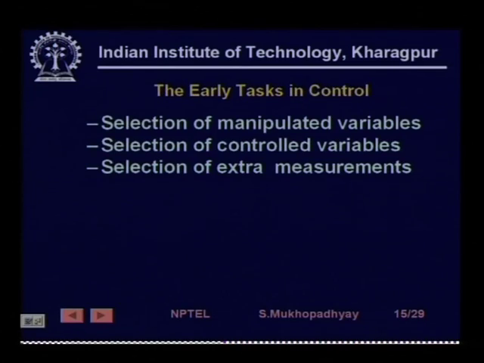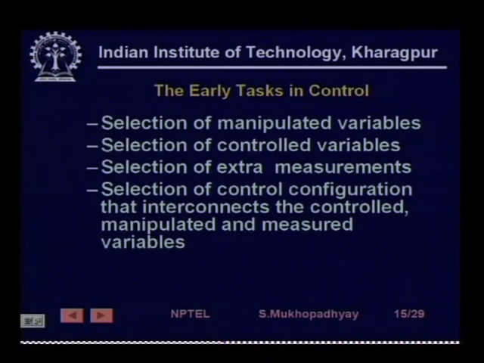Then selection of extra measurements sometimes required for achieving good control performance, like disturbance rejection, as we have seen in the case of cascade loops. How are you going to do the cascade, which variables do you want to sense and feed back as an inner loop, you need to understand that.